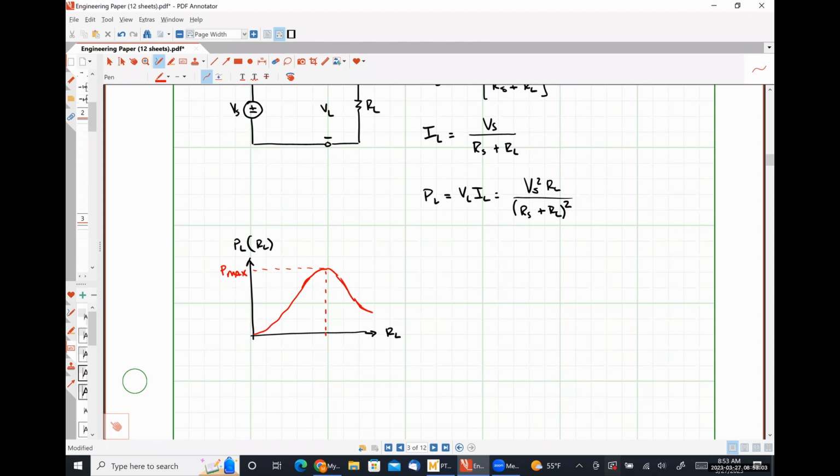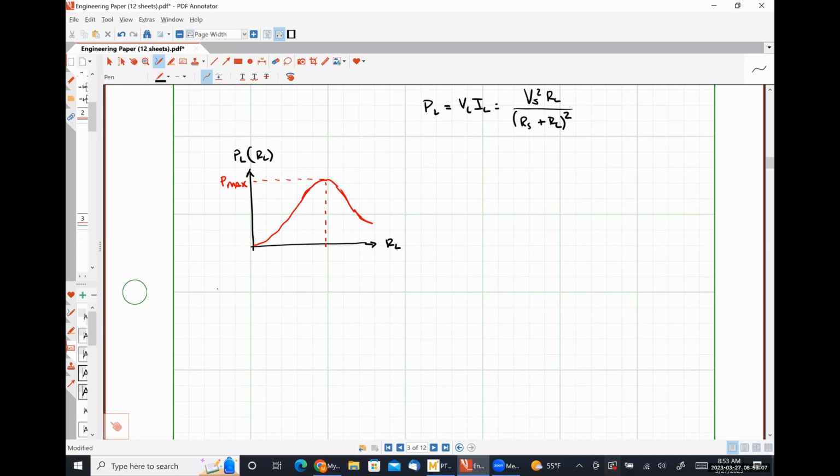So we are going to take the derivative with respect to RL of our PL equation. VS squared times RL over RS plus RL quantity squared.